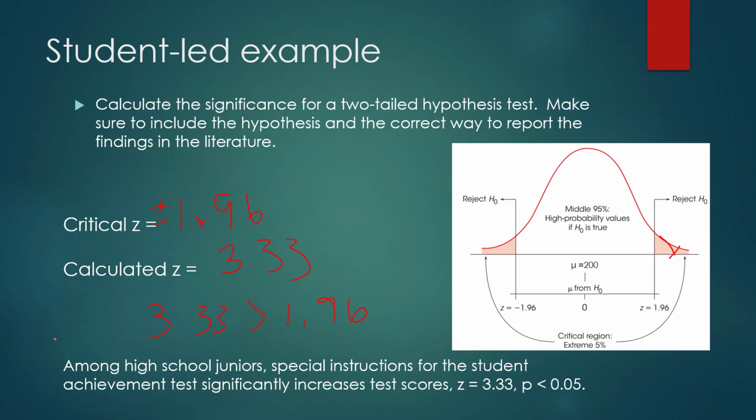So that's the other important thing here to note, is that we are going to reject the null because our calculated z is bigger than our critical z, meaning that it's out here in that critical region.